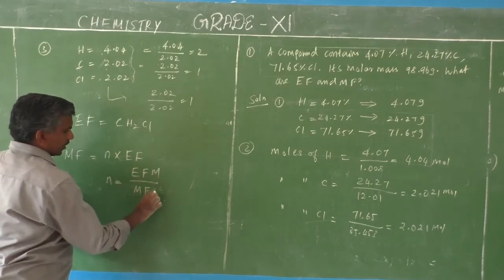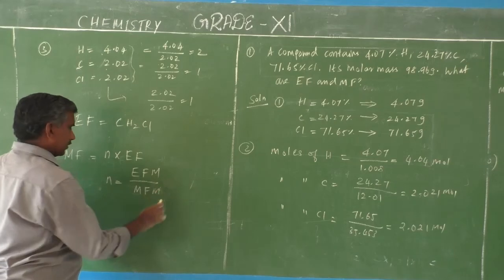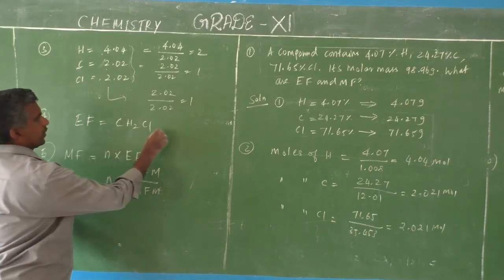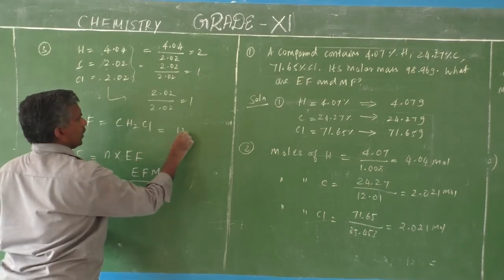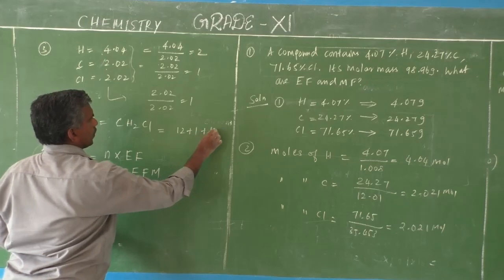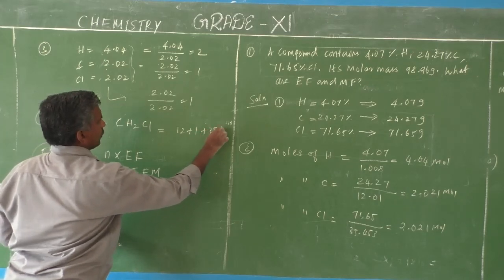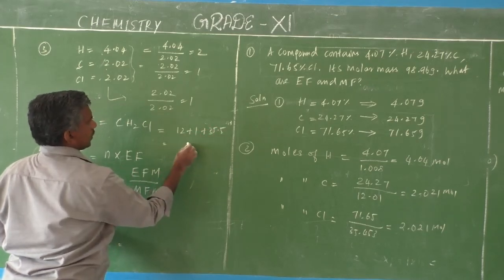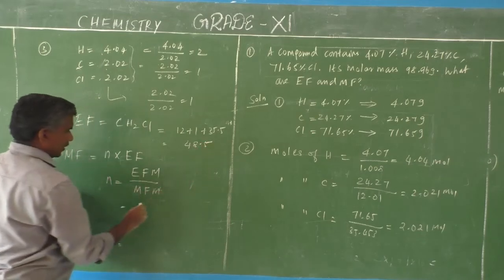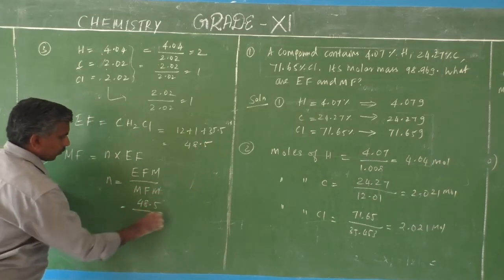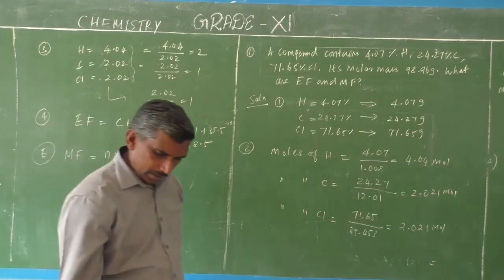The empirical formula mass is carbon 12, hydrogen 2, chlorine 35.5, that is 48.5.